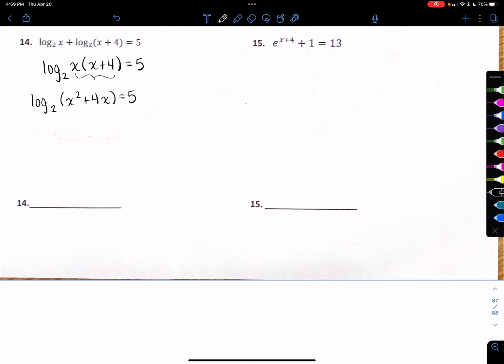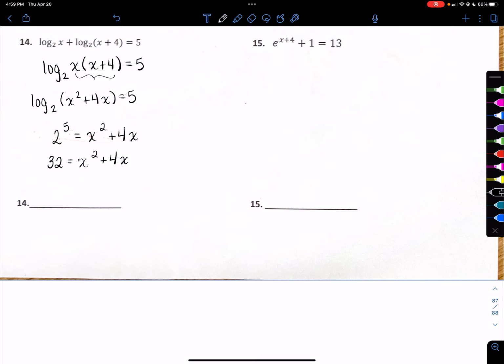Okay, so now I've got to convert this into exponential. So I have 2 to the 5th power is equal to x squared plus 4x. 2 to the 5th power is 32, is equal to x squared plus 4x.